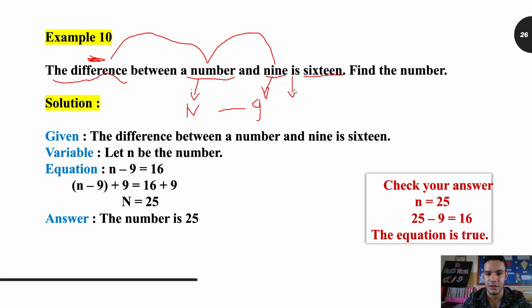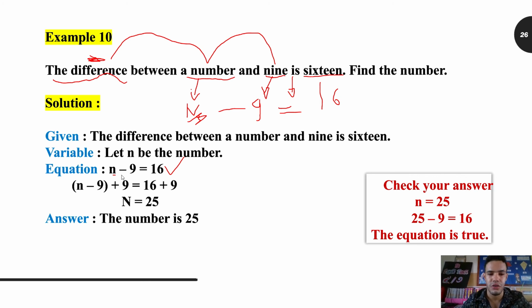Equals, the result equals what? 16. Yes, 16. Alright, this is the equation. So once you have the equation and it's right, and you know the unknown variable you're looking for is n, now it's easier for us to solve it.